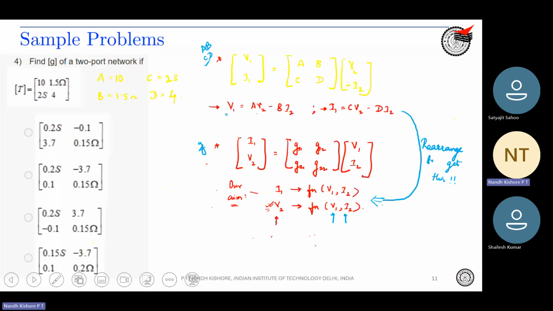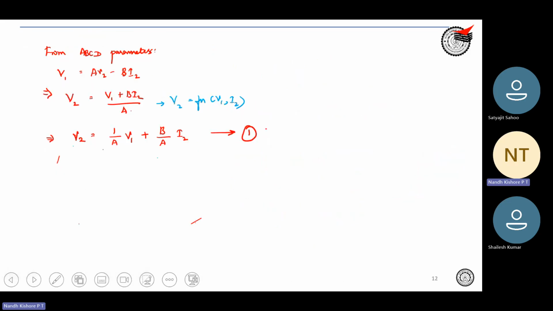Next, I need what is I1, right? So I1 we have from ABCD parameters, CV2 minus DI2, but I want I1 in terms of V1 and I2. So I have to eliminate V2.